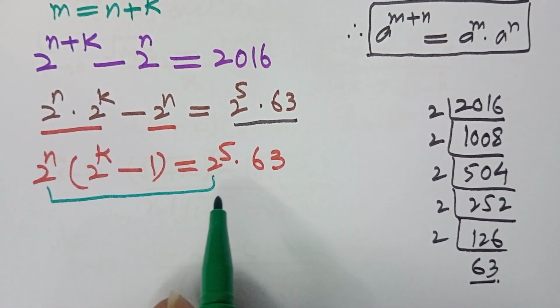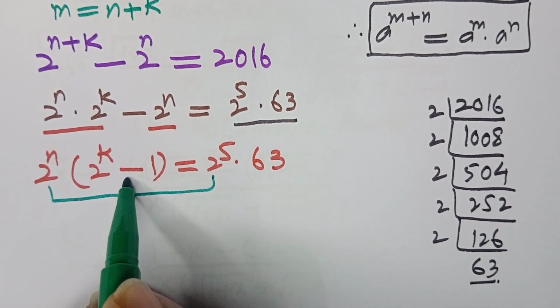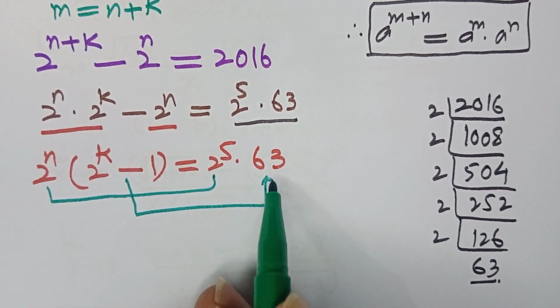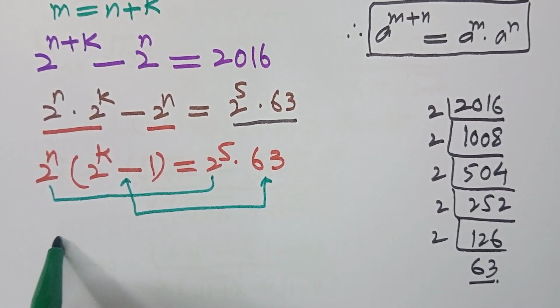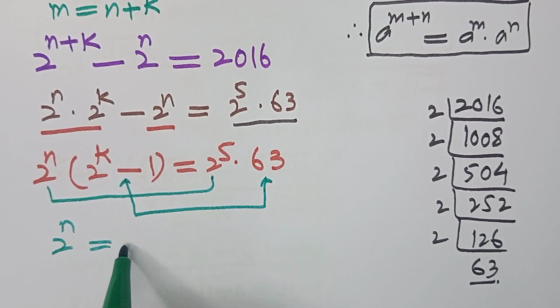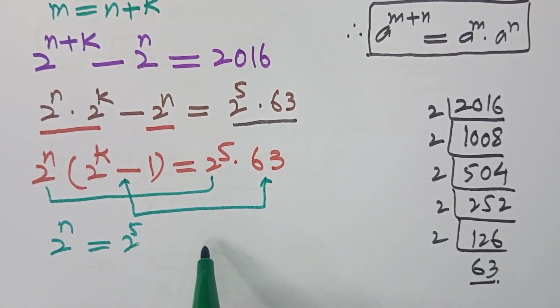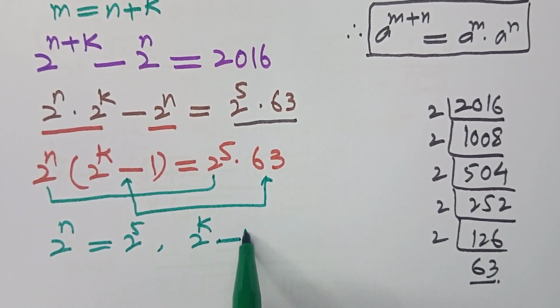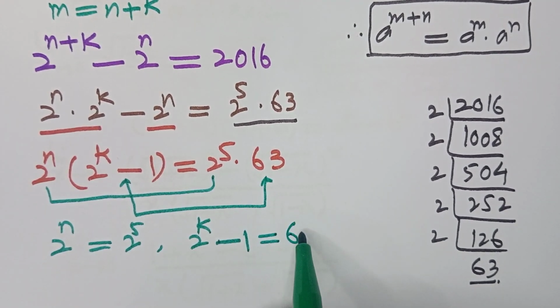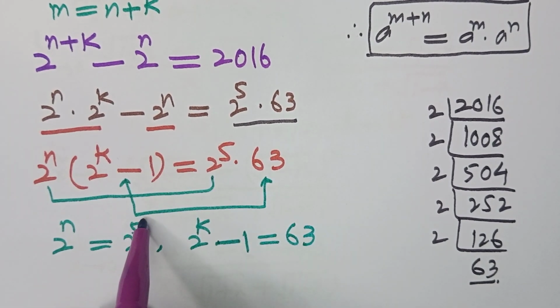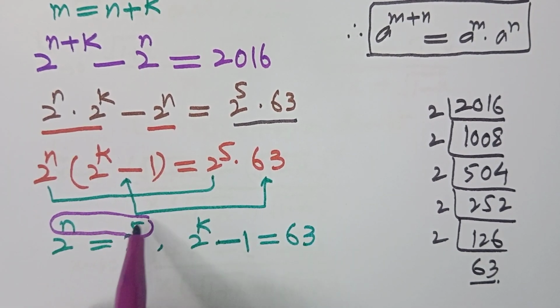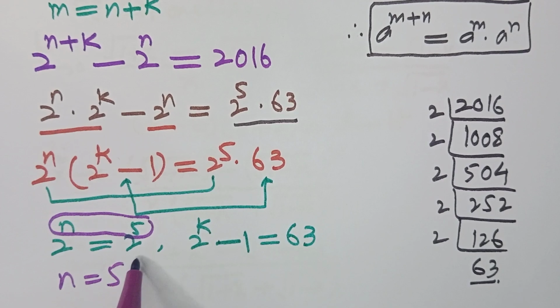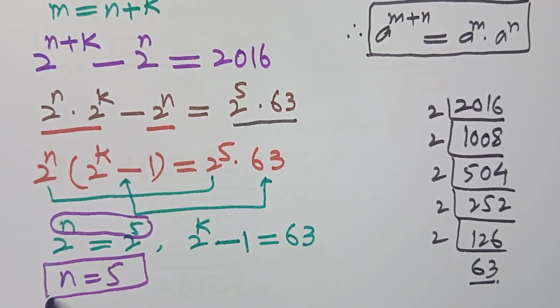Even bases equate with even and odd bases equate with odd. So here 2 power n is equal to 2 power 5. Also 2 power k minus 1 is equal to 63. So here same base, power equal, n is equal to 5. This is the value of n.